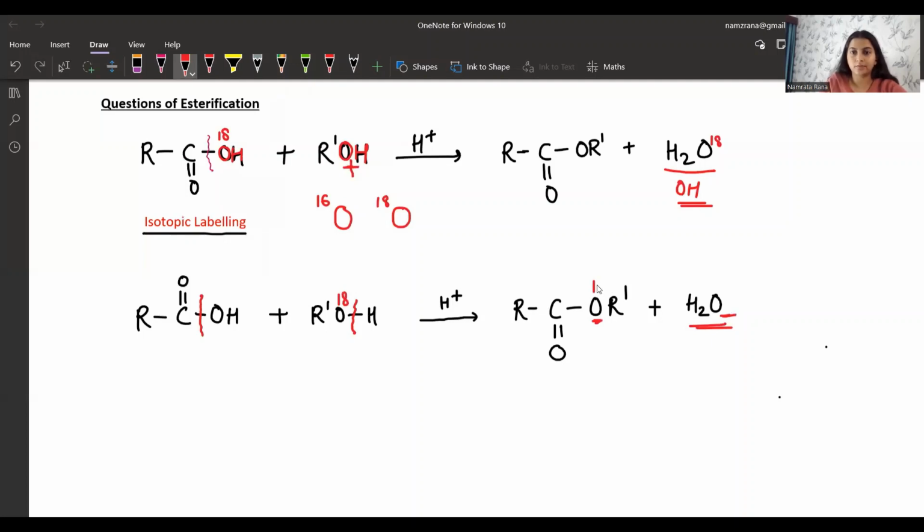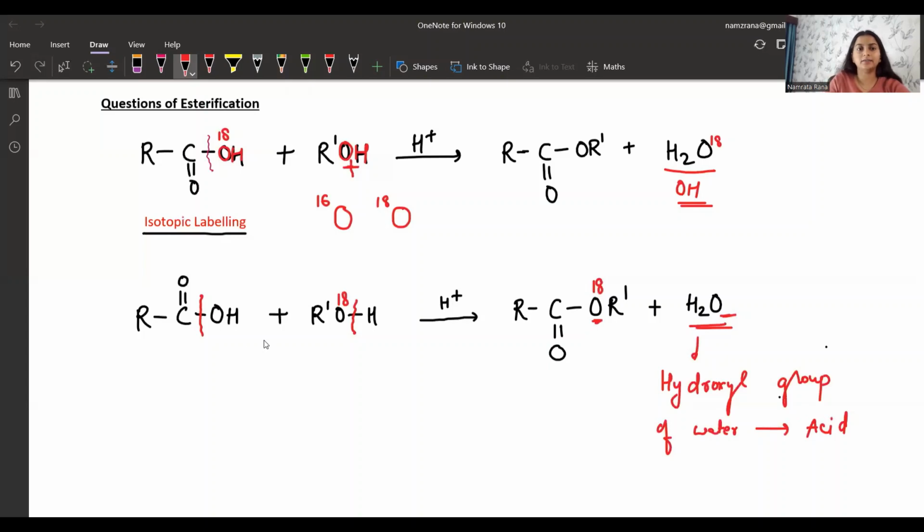The hydroxyl group of water is coming from your acidic part.